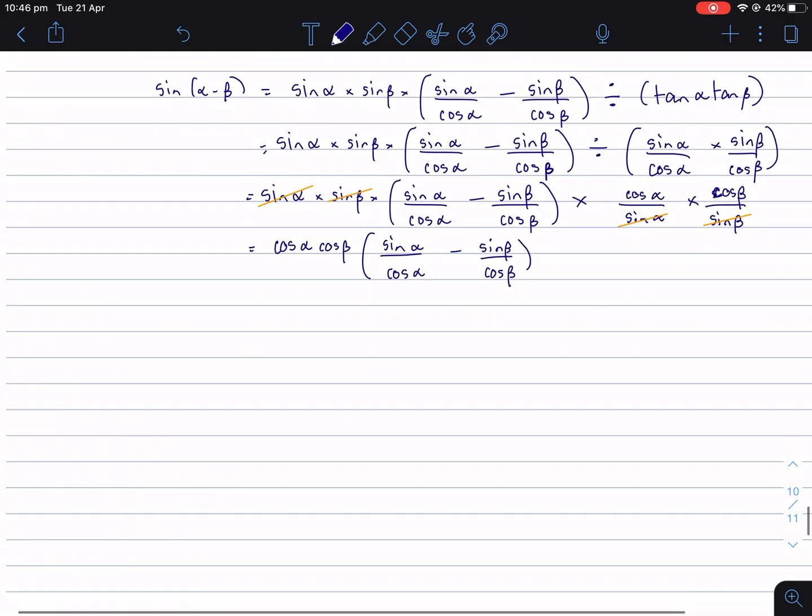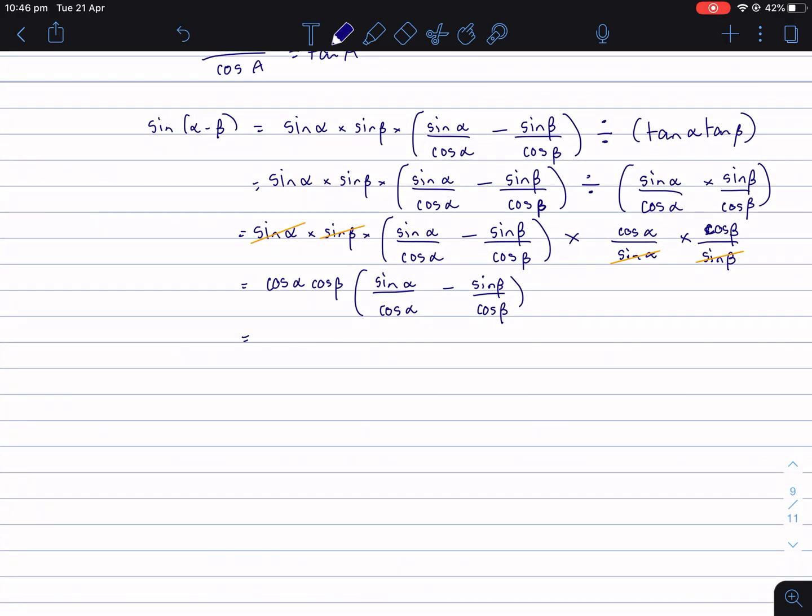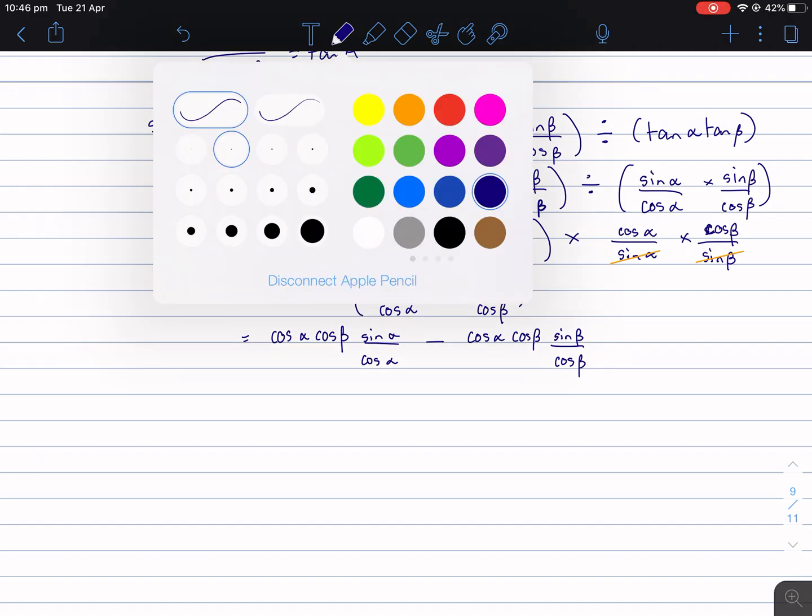Okay, I'm going to have to simplify some more. So I'm going to expand these brackets. So that's going to give me cos alpha cos beta sine alpha on cos alpha minus cos alpha cos beta sine beta on cos beta. Both these bottom lines, they're going to cancel out.